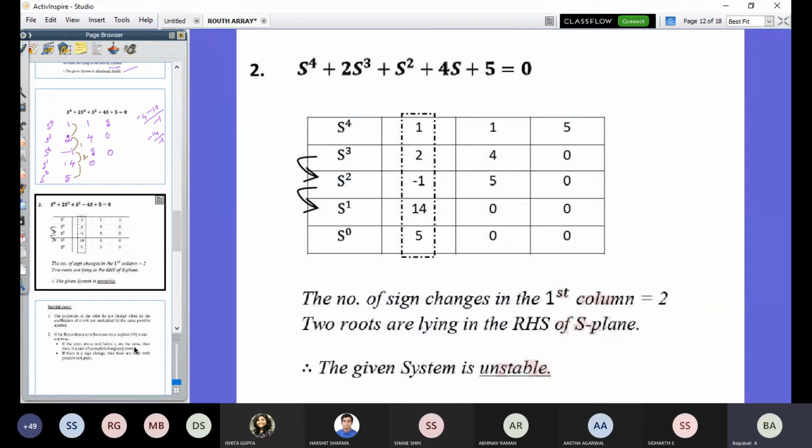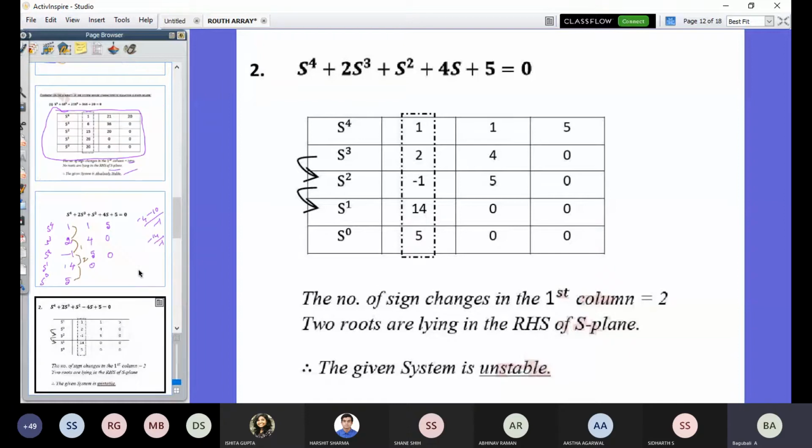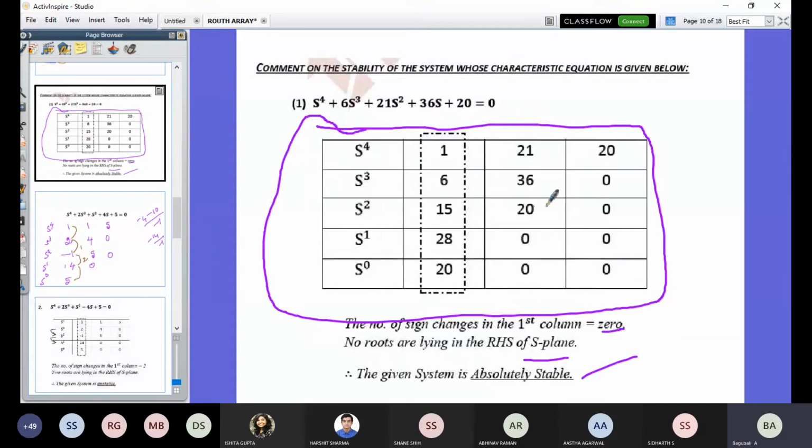Okay. Next, one more important special case. Suppose you can think about this Routh array. Suppose in this Routh array, in the first column, any of the row becomes 0. For example, here we are getting 0.